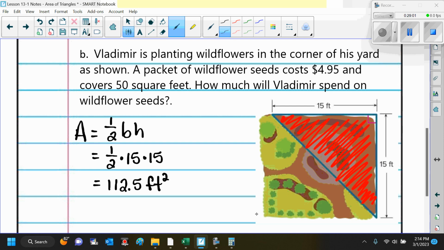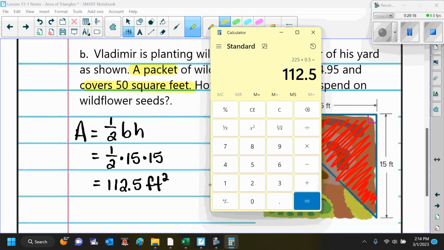Now, it says that one packet covers 50 square feet. So how many 50 square feet do we have in here? If we divide 112.5 by 50, we need 2 packages and 1/4 of a package. You can't buy part of a packet of seeds, so that means you have to buy 3 packs.